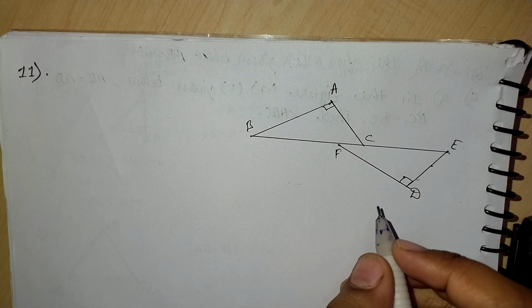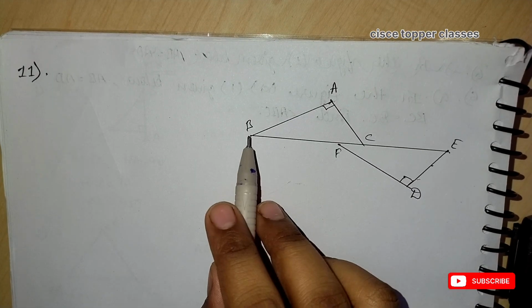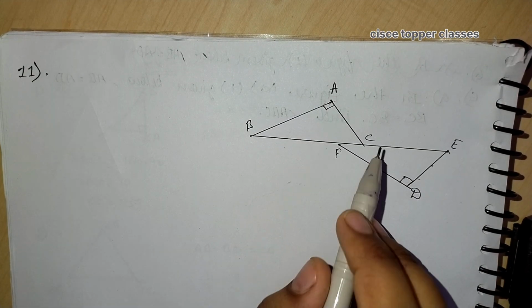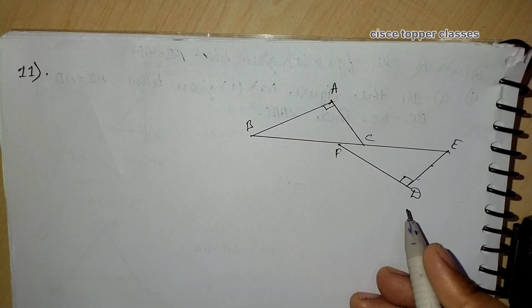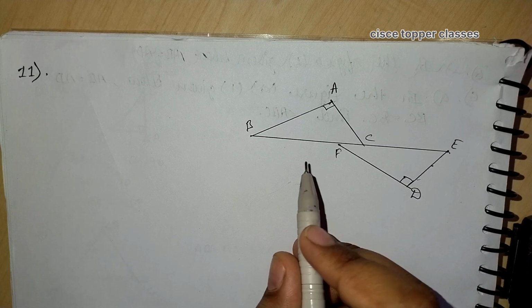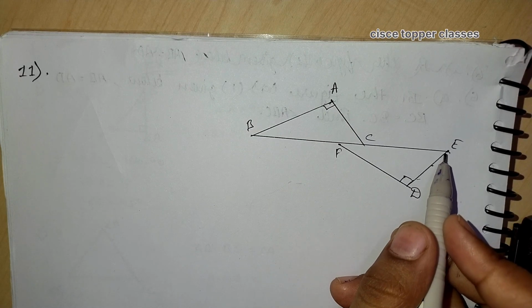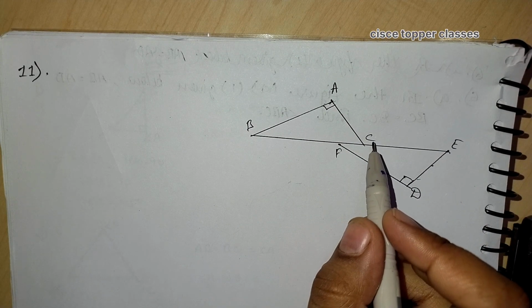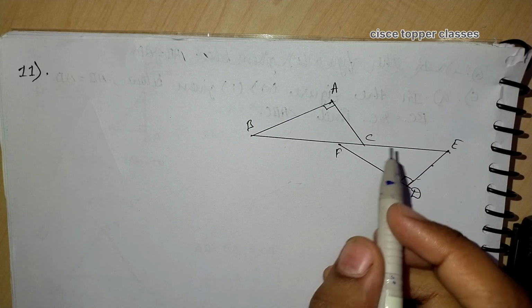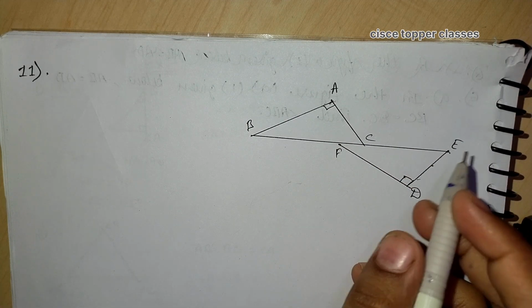Let us solve the 11th question here, which is: in the adjoining figure, BA is perpendicular to AC, DE is perpendicular to DF, and such that BA is equal to DE and BF is equal to CE, so that triangle ABC and triangle DEF are congruent.